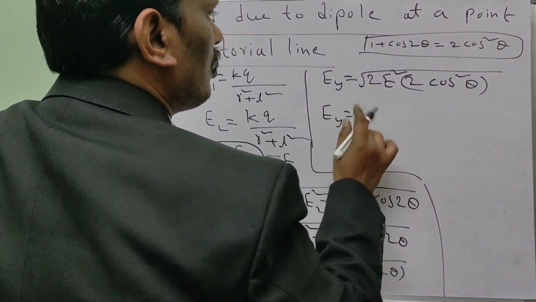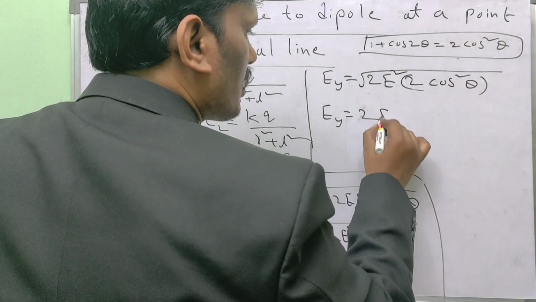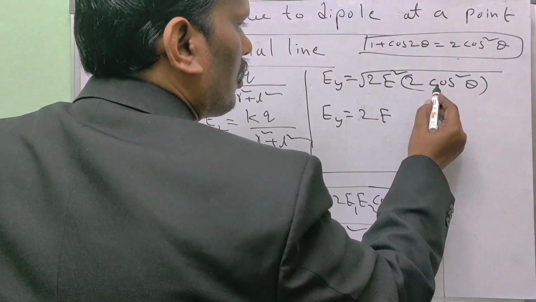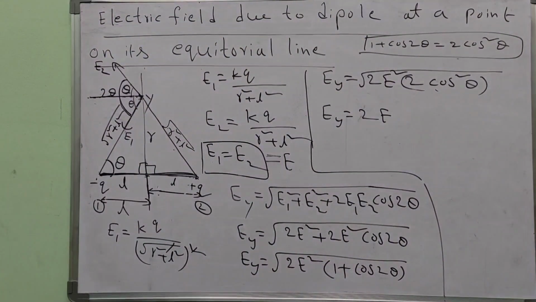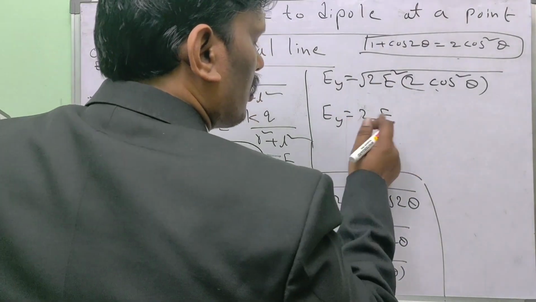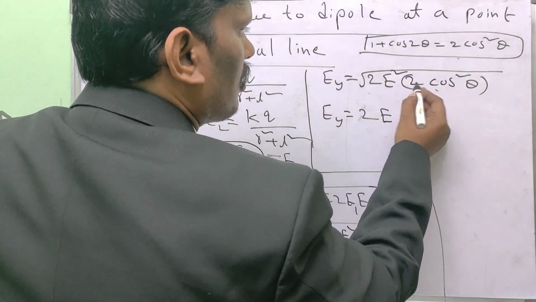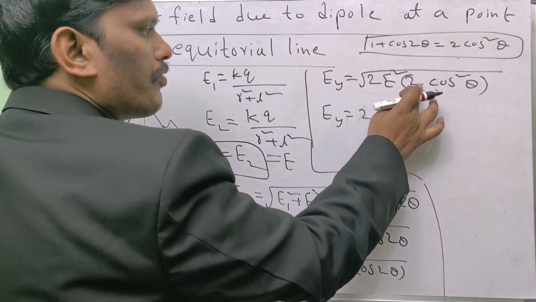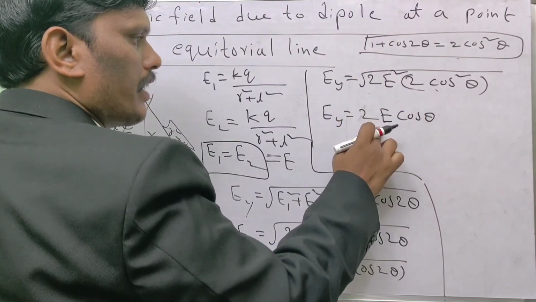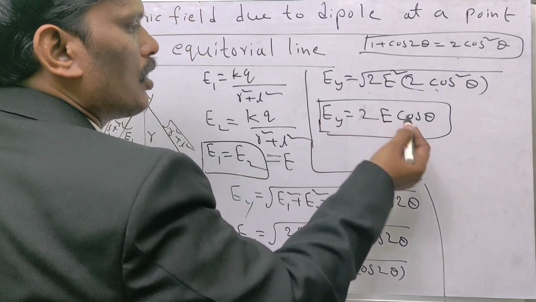Now Ey is equal to, 2 into 2 is 4, bring out as a 2, E square bring out as E from the root, and cos square theta as cos theta. Just this is what Ey is equal to: 2E cos theta.